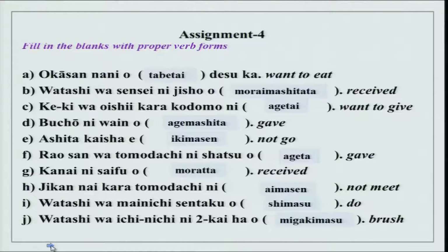So, kutsu o migakimasu, ha o migakimasu. Ichinichi ni 2 kai, kai means number of times an activity is performed. So, ichinichi ni 2 kai, twice in a day, ha o migakimasu.